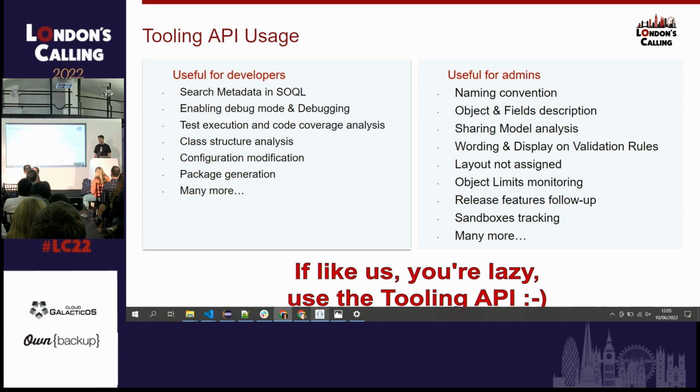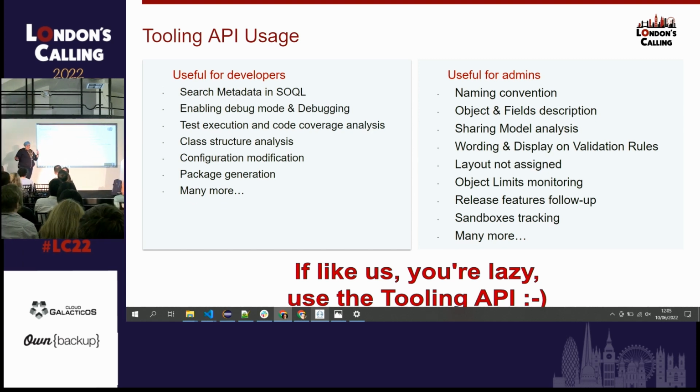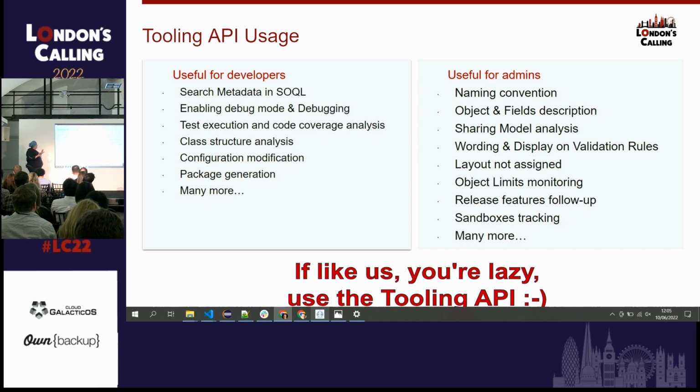Okay, why use the Tooling API in this session, in fact? So for different profiles, different users. For developers, it's mainly used to manage your code. For example, you need to check if there is something somewhere in your code.